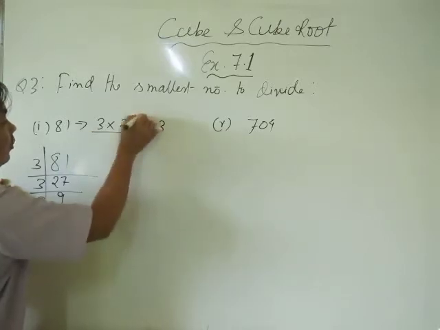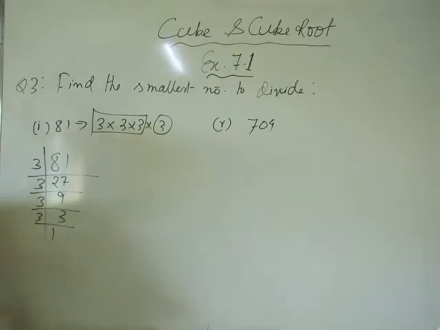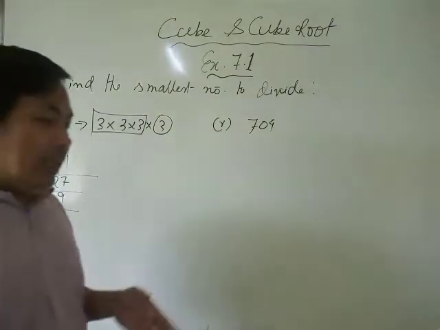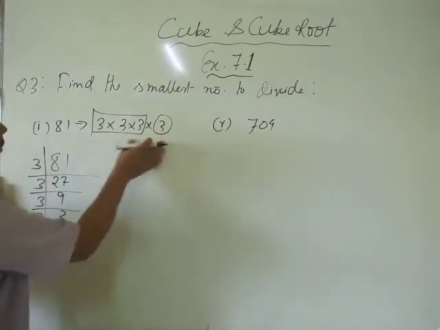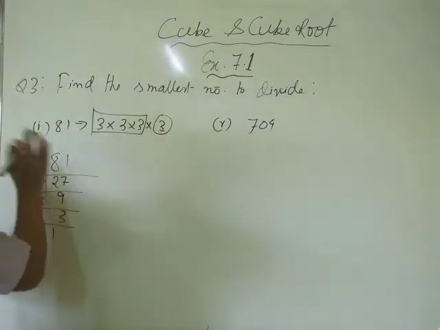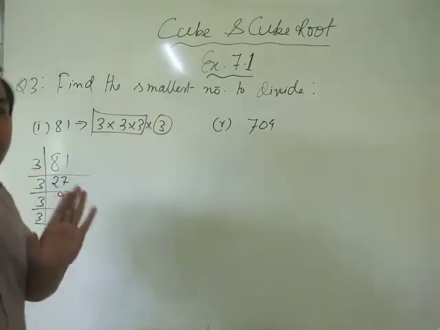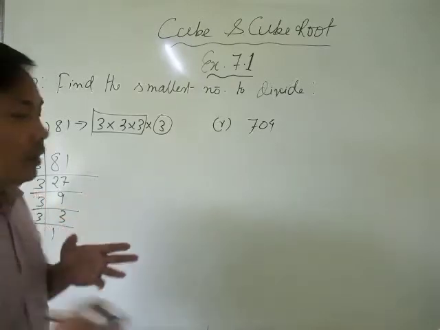So these first three 3's we can group, isn't it? Then the last one, a single extra 3 is there unpaired. So whatever this unpaired 3 is, is to divide. If you divide 81 by 3, then you get the perfect square. I mean, perfect cube number, not square, perfect cube number.